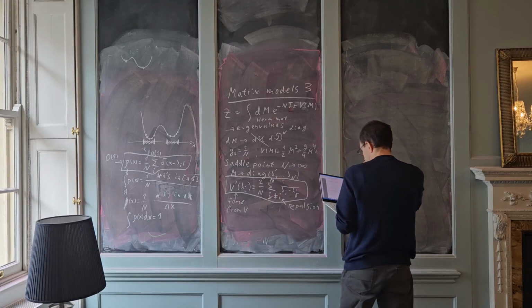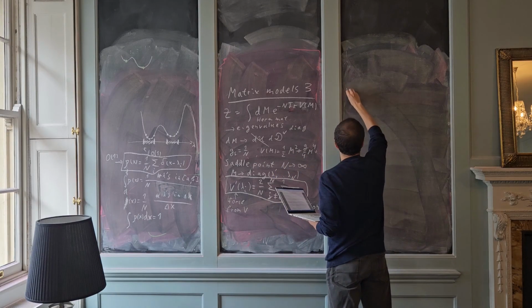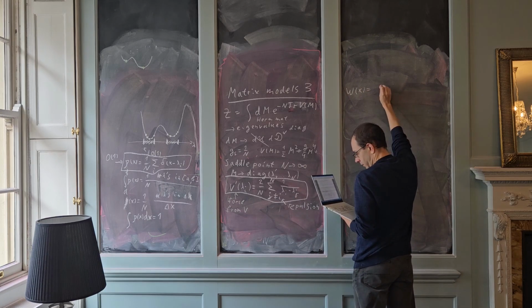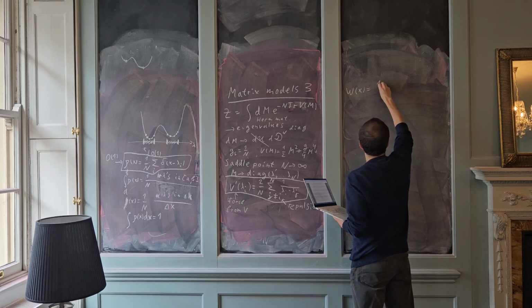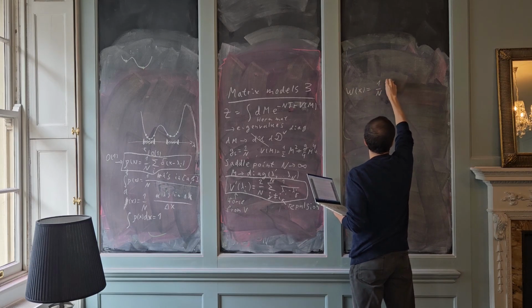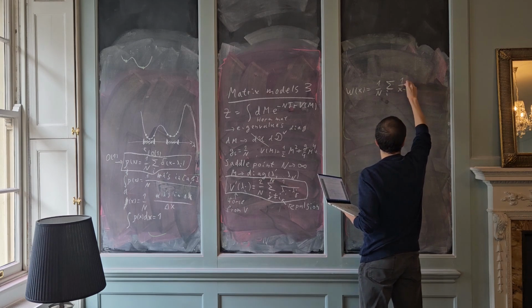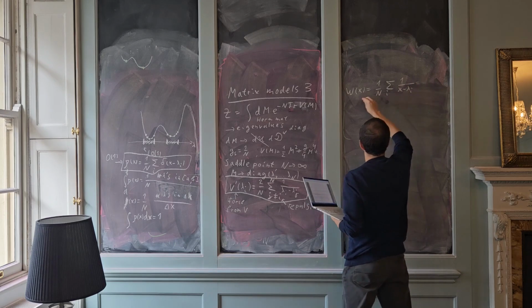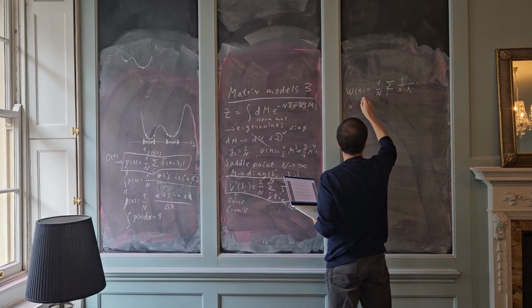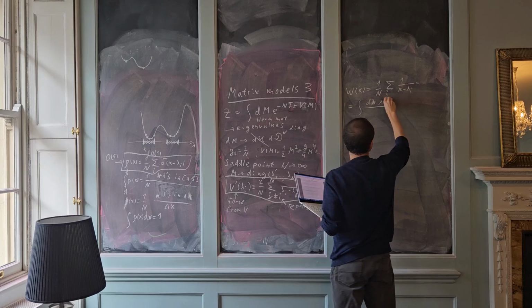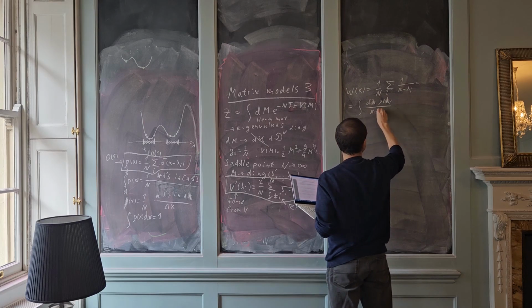The second important object is the resolvent W of x, which one can write like this, 1 over n sum of 1 over x minus lambda I, which is equivalently the integral d lambda rho of lambda divided by x minus lambda.